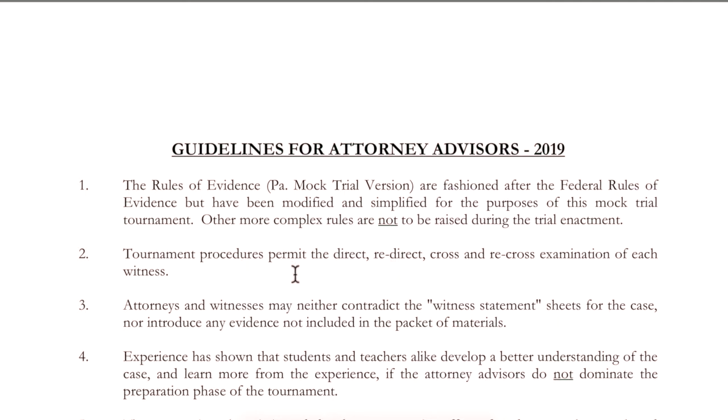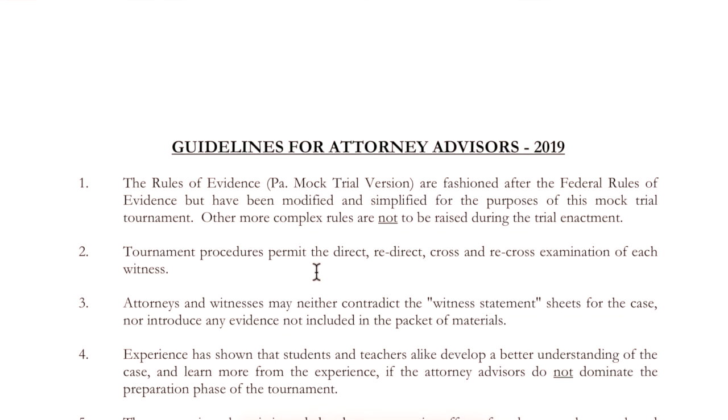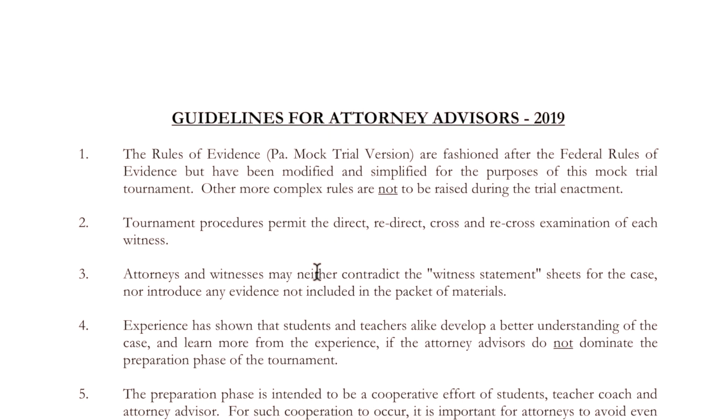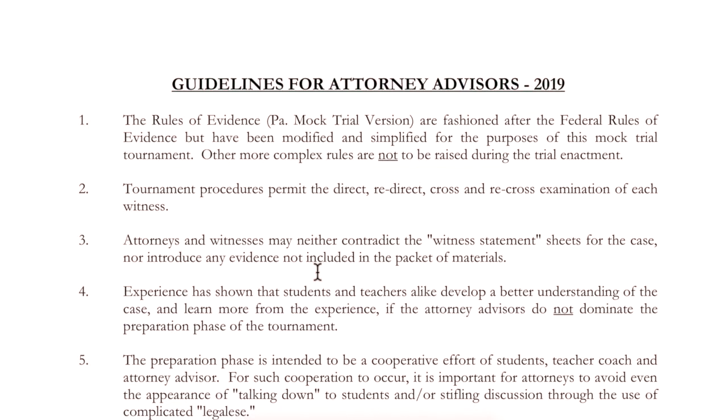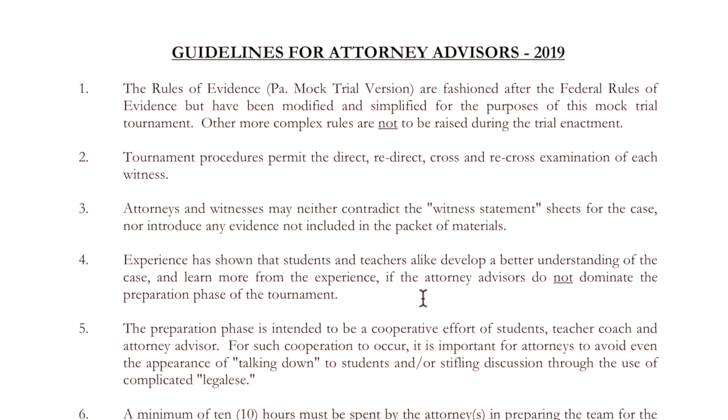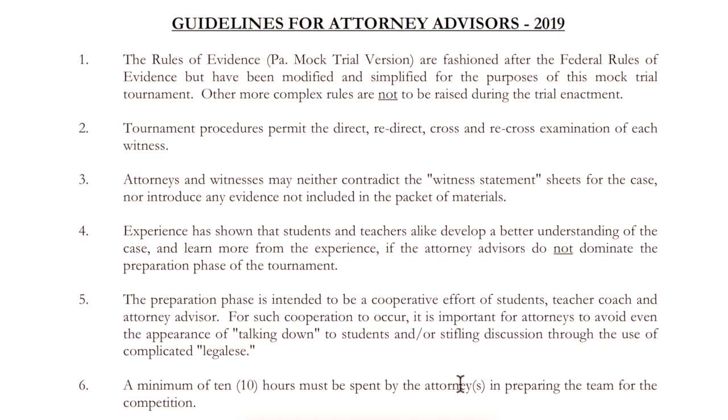Tournament procedures permit direct, redirect, and cross of each witness. Another important key rule is called the rule against extrapolation. The students may not contradict witness statements. No student can make up facts that are beyond what's contained in those statements.